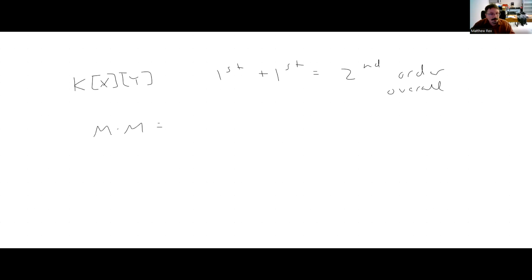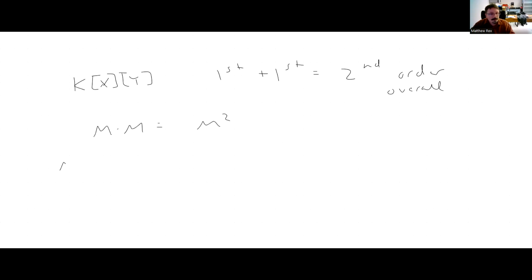For units of k in the following, so I've got rate constant, we've got X first order with respect to X, first order with respect to Y. If we have two components and they're both first order, then we are second order overall. And that means we'd have molarity times molarity, which would be molarity squared.